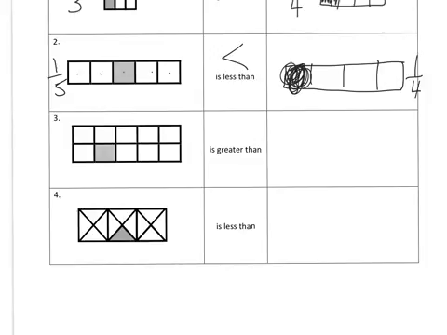Now, if we come on down here to number 3, we have 1, 2, 3, 4, 5, 6, 7, 8, 9, 10. 10 pieces.